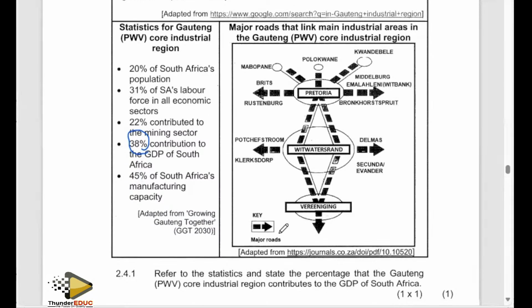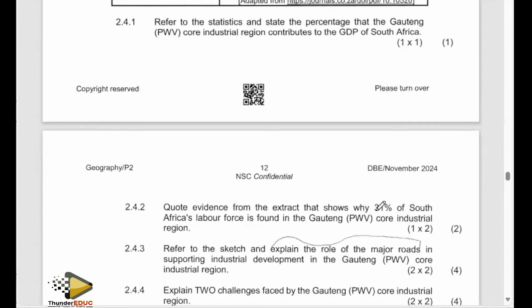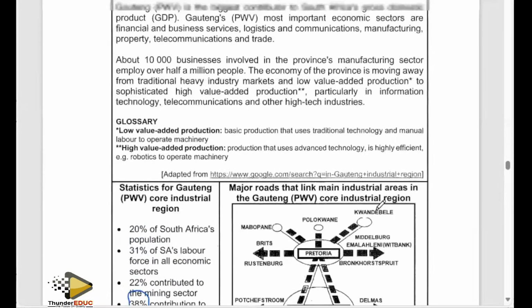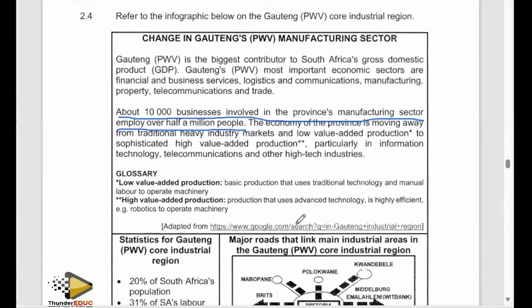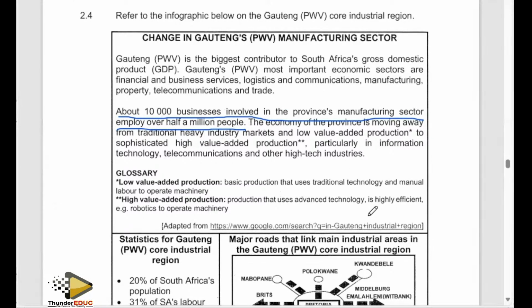The statistics are supporting our question here. And we want a text which we can quote, which suggests that 31% of the labor force is in that particular industrial region. Right. If we check here, it says about 10,000 businesses involved in the province manufacturing sector employ over 500,000 people. Basically, that is where we get our response on the number of people who are employed. 500,000 people are employed in the 10,000 businesses which are in the province manufacturing sector.